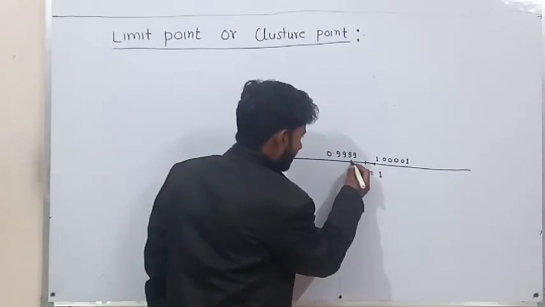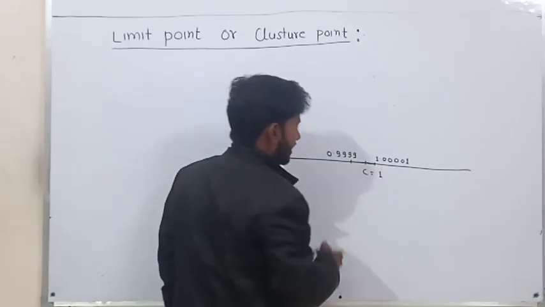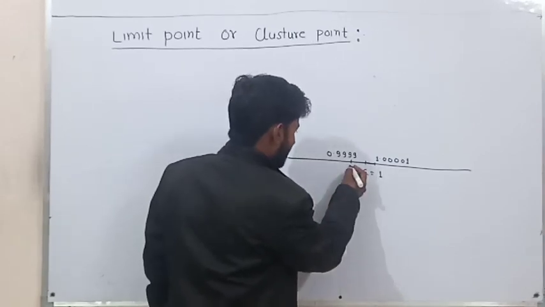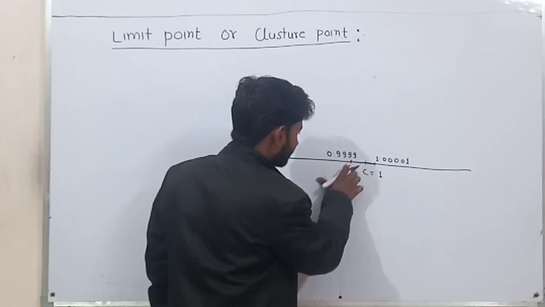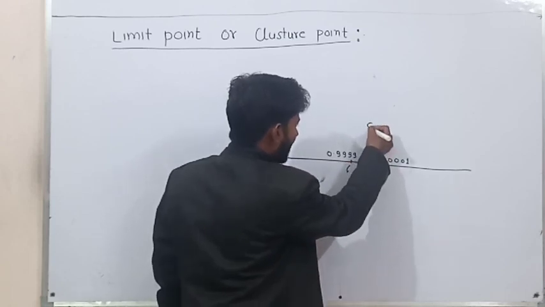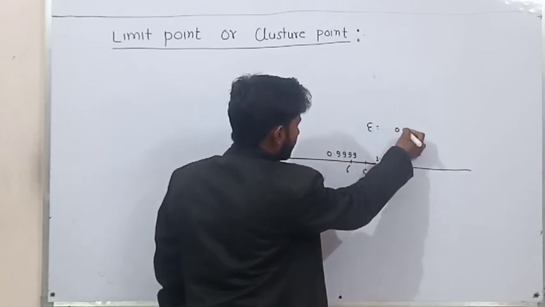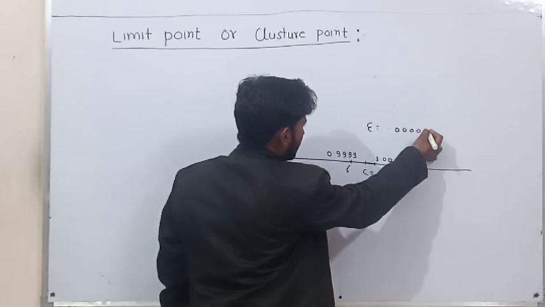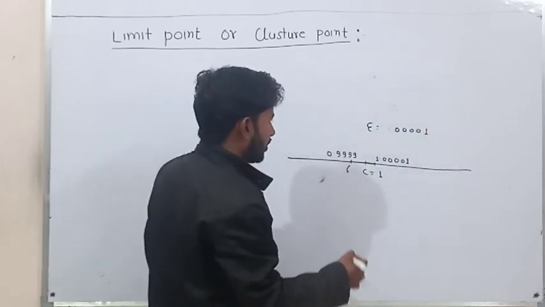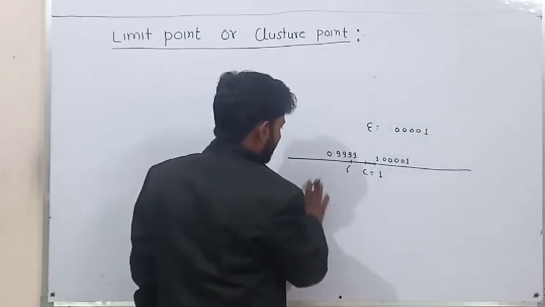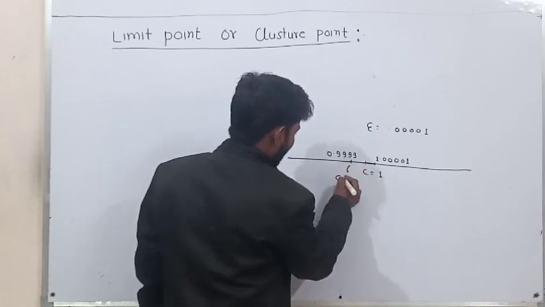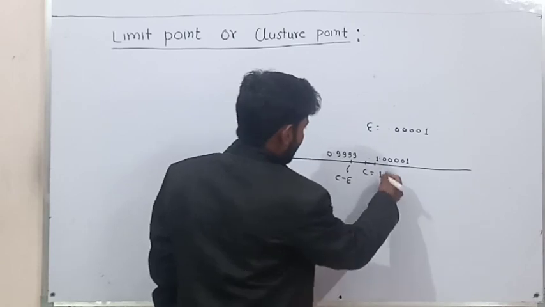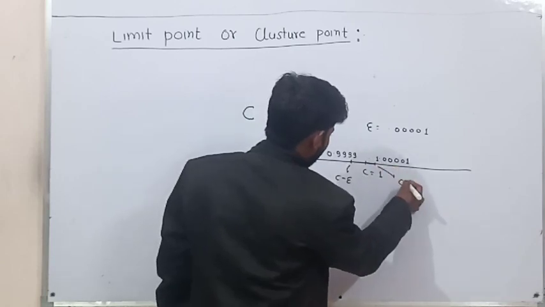So if we take this small quantity as epsilon, if we take epsilon equal to 0.00001, then these points are C minus epsilon and C plus epsilon.